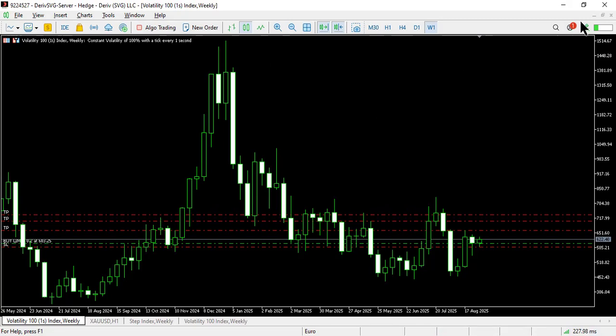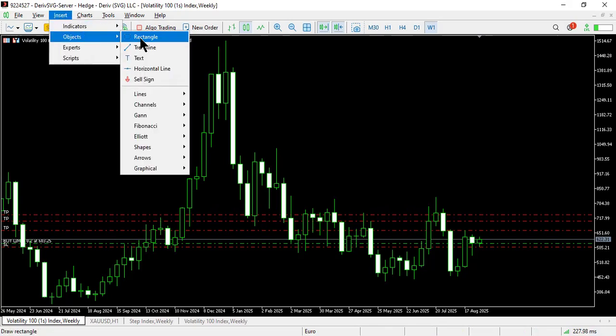So yes, firstly we begin on the weekly time frame. That is where we start marking our zones.